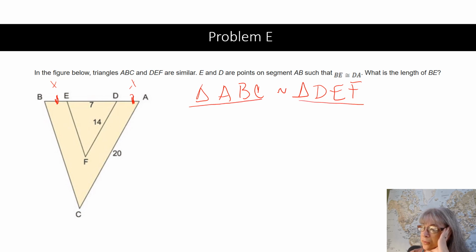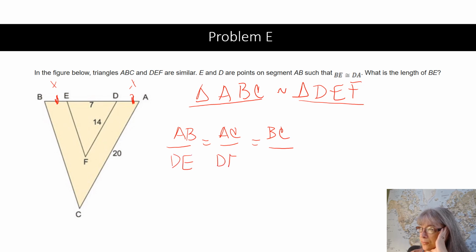So if I know that AB and AC and BC, those ratios are going to stay the same when I have DE, DF, and EF. So now I'm making my substitutions. So let's just look. What is AB equal to? Well, we could say that AB was equal to 2x plus 7.